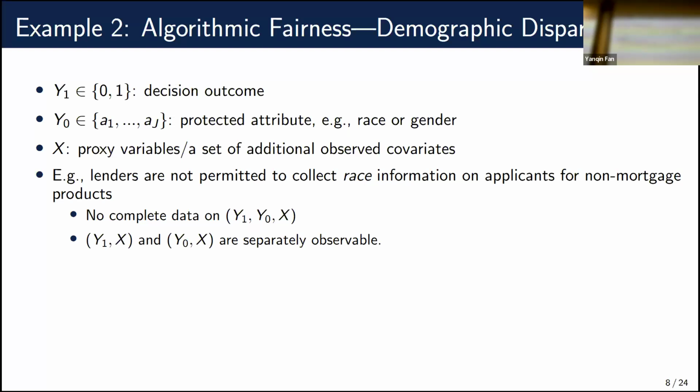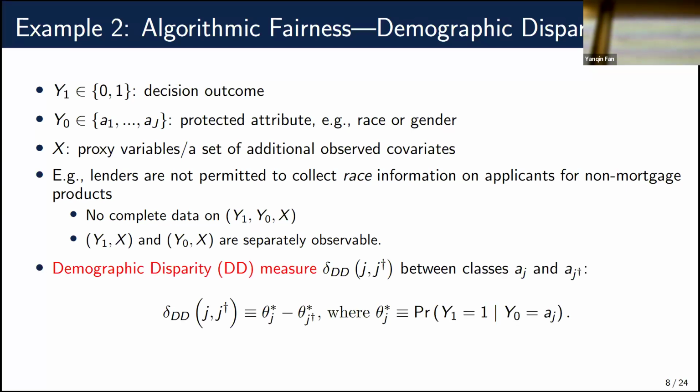So one parameter that is of interest in this setup is measures of algorithmic fairness, and different measures have been proposed. In this talk, I'm going to just focus on one measure. This is the simplest one to analyze in this setup, but some other ones are also very interesting. We studied them in the paper. This is called the demographic disparity measure, so I'll just say the DD measure.